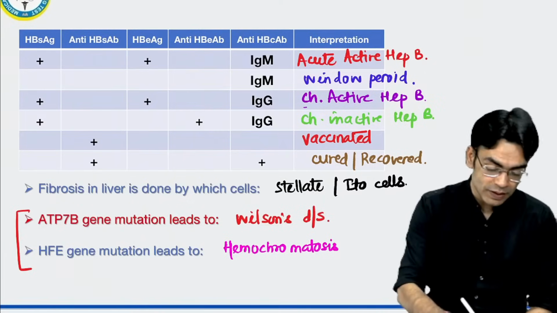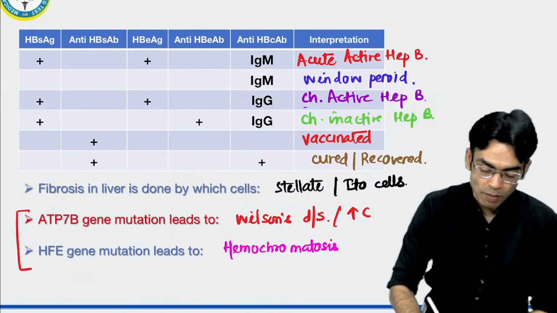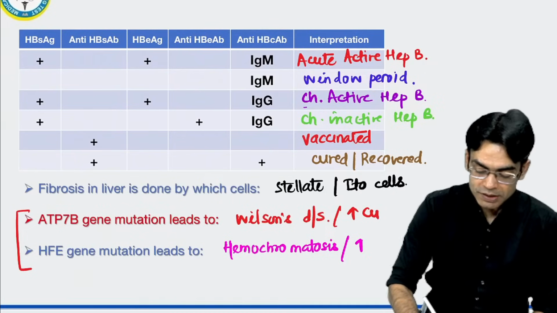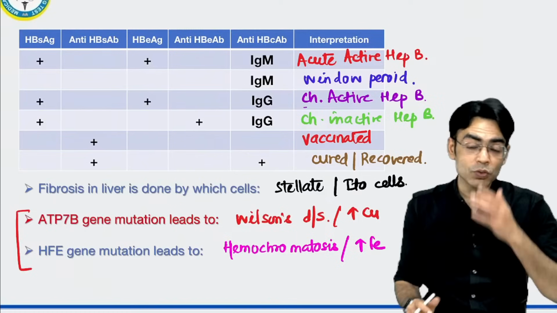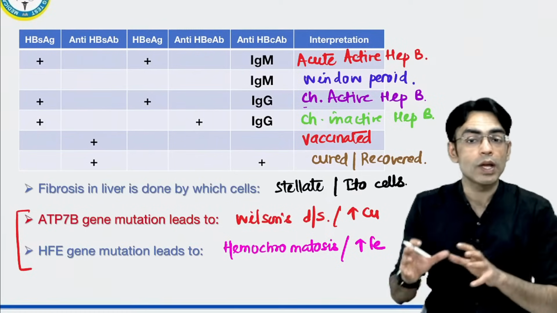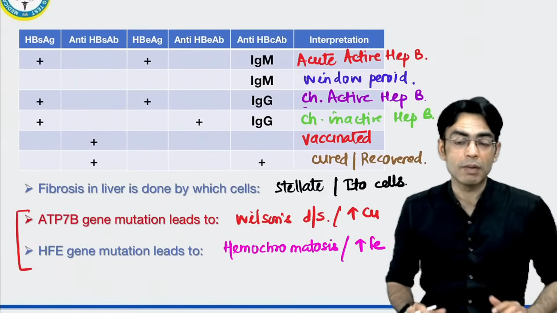Wilson is with the copper, high copper, and hemochromatosis is high iron. Okay? So I hope you would know exactly which organ is getting involved. Please remember that.